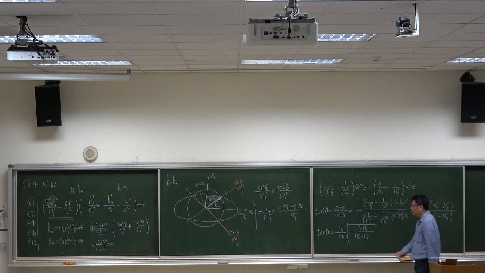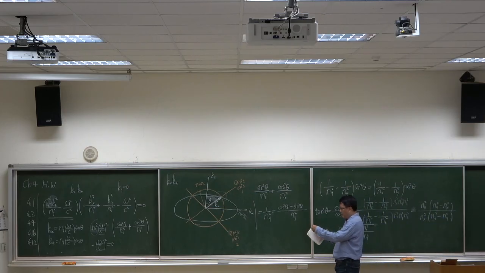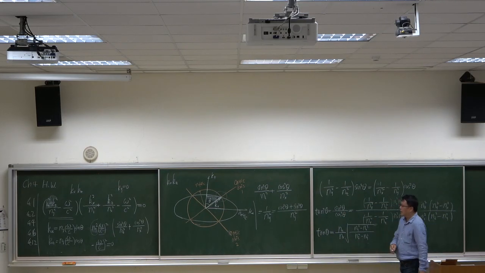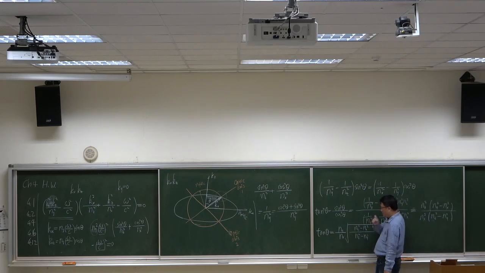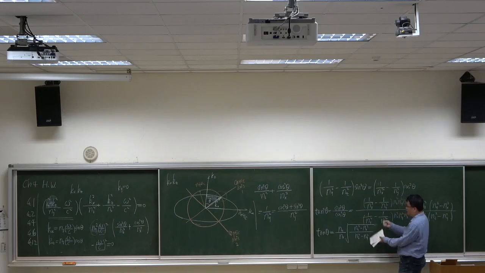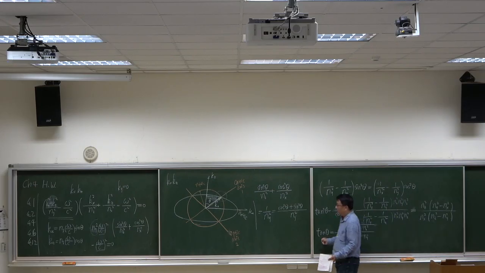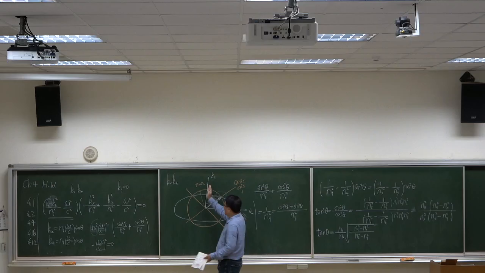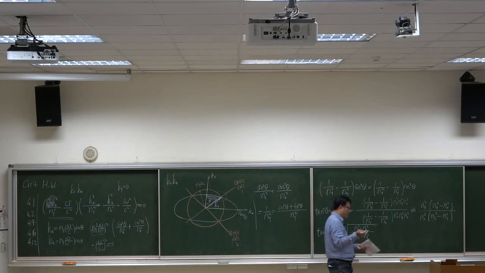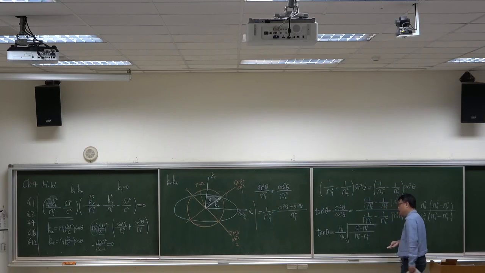Okay. So this is the tangent theta. We know what these nx, ny and nz are, so we can use this formula to find theta. And this theta gives us the direction of the optical axis.